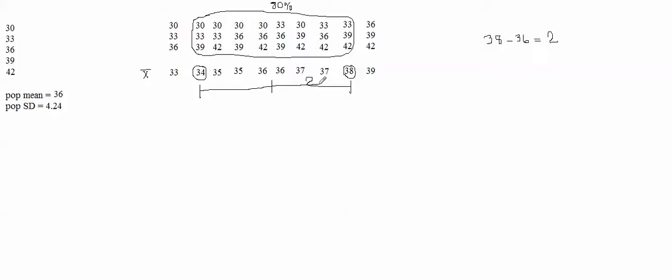And that makes sense because the distance from 36 to 38 is 2. The 80% margin of error is also the distance from the population mean of 36 to the mean of the lowest sample in the middle 80%, which is 34, because the distance between 36 and 34 is 2.